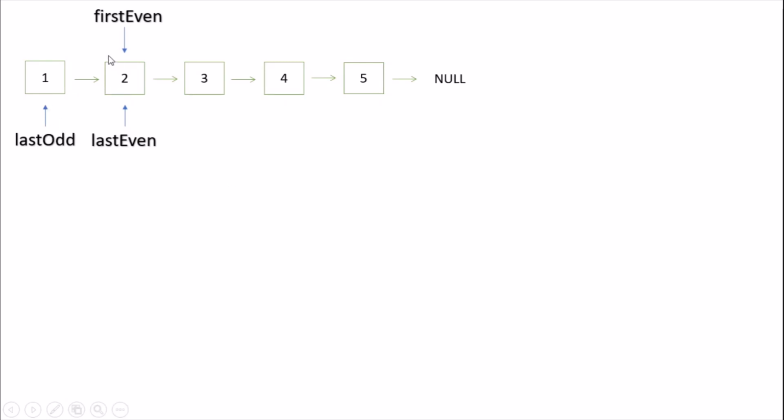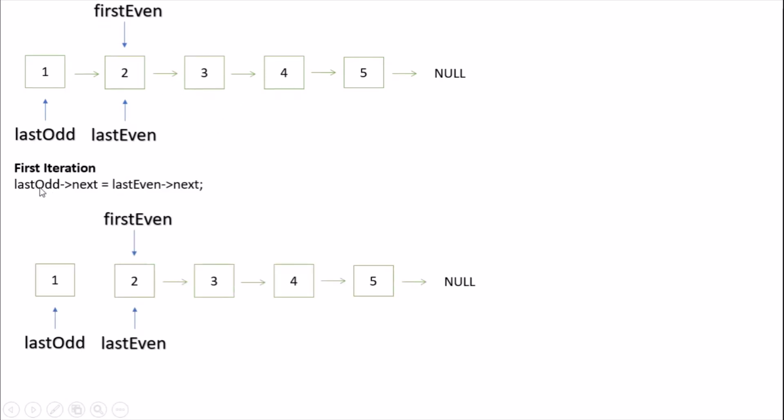Since last odd's next is not null and last even's next is also not null, we simply go into the loop, and in the first iteration we simply have to update last odd's next to last even's next. Why are we doing this? We are building 2 linked lists in the same list, one containing the odd nodes and one containing the even nodes.